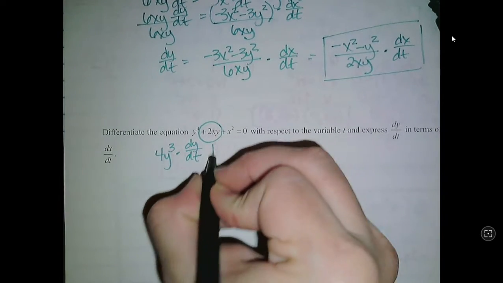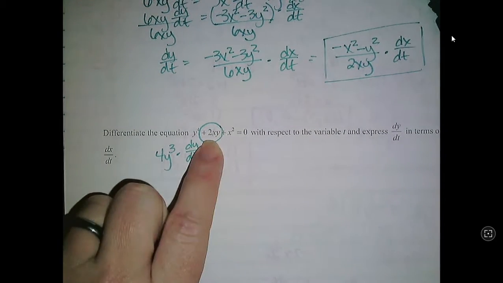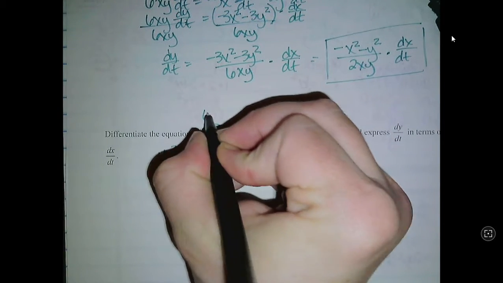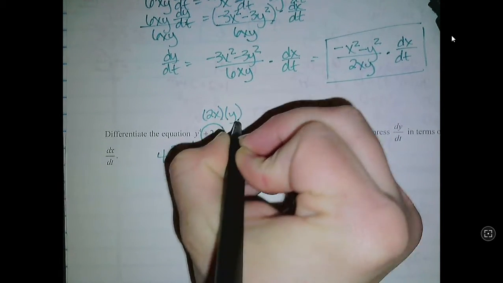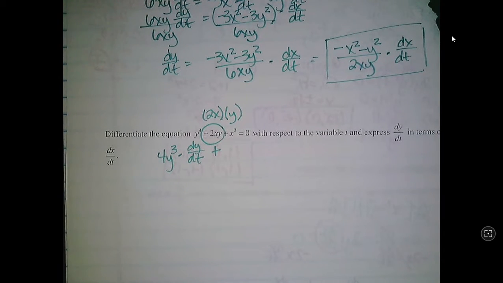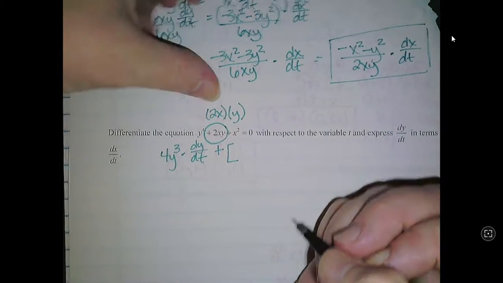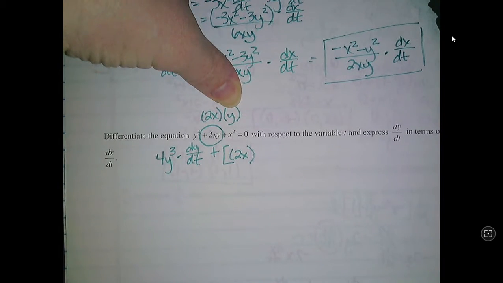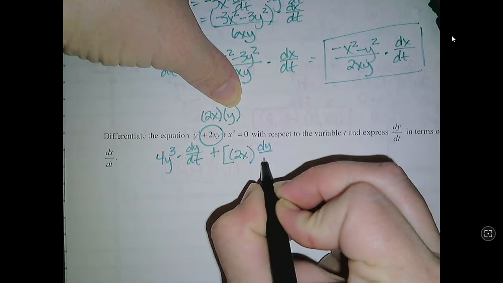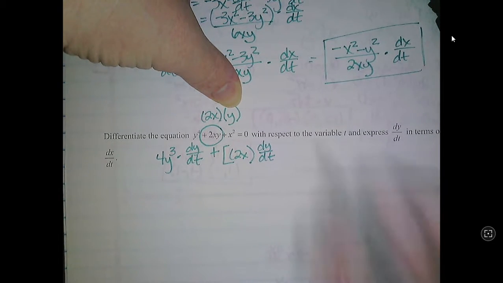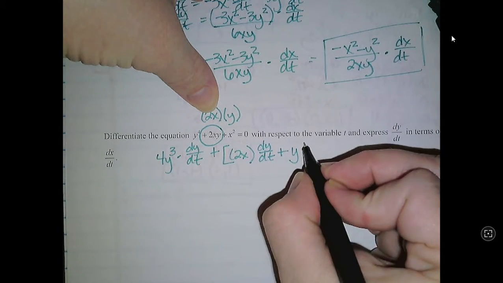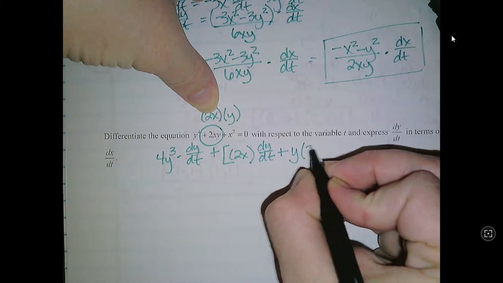Plus, and I'm going to approach this the same way I did in the last problem. I could pull the 2 out and multiply it times the derivative of x times y, but I'm going to group it with my 2x. So I'm going to look at this as 2x times y. When I take the derivative using the product rule, I have my first part, 2x, times the derivative of my second part with respect to t, which will be dy dt, plus my second part, y, times the derivative of the first part with respect to t, which will be 2 times dx dt.